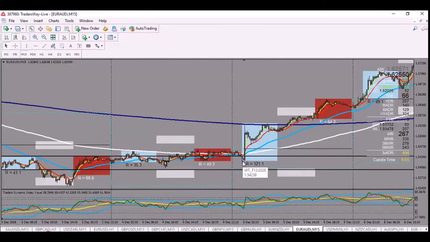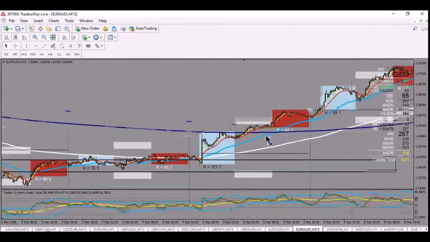This is a trap move. Pins right below yesterday's New York session. Look at the TDI. It shows you this aggressive pin to the downside. You know that your trend is to the upside, so you're not taking trades short. I don't care if the pattern happens here. If you see an M formation right here, I don't care. You're not taking it because you're only taking trades long, in line with the peak formation that was created.